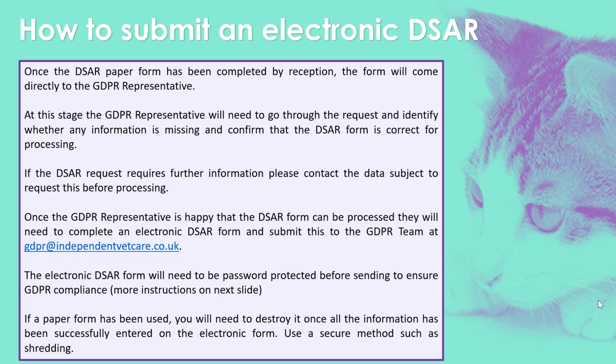If at any point a paper form has been used, you must now securely destroy that original document. It's really important that you use a shredder to do so. You should be investing in a cross-cut shredder and not a standard shredder in order to do so.